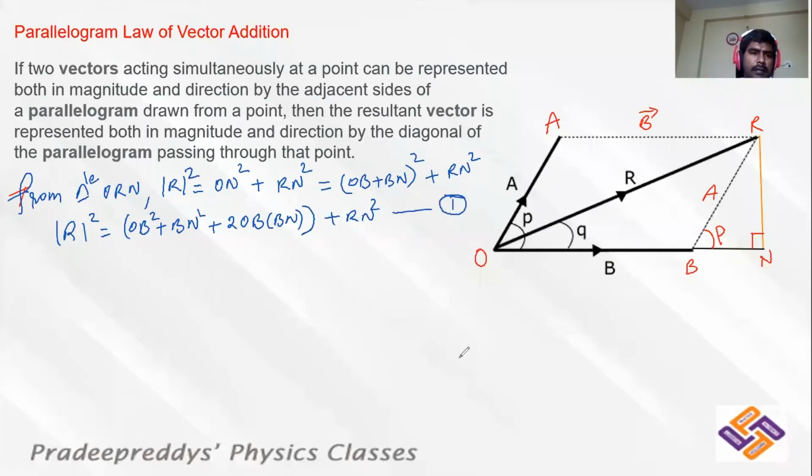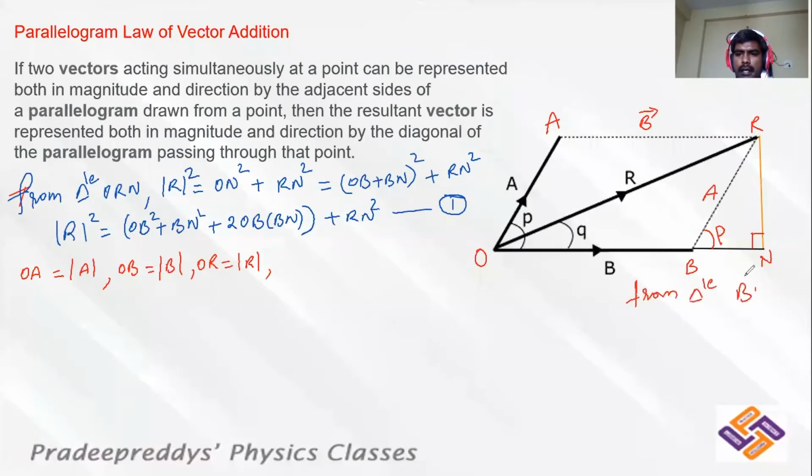Now let me write this. OA is the magnitude of A. OB is the magnitude of B. And OR is equal to the magnitude of R, right? Now take this triangle BRN.